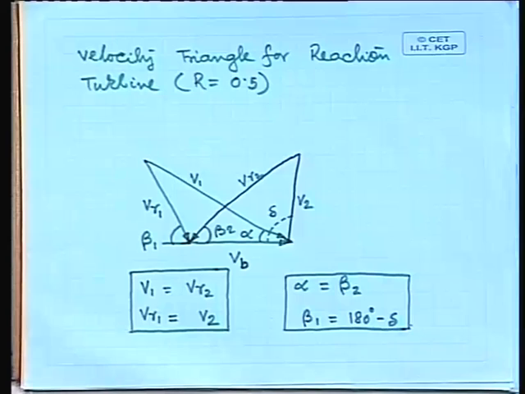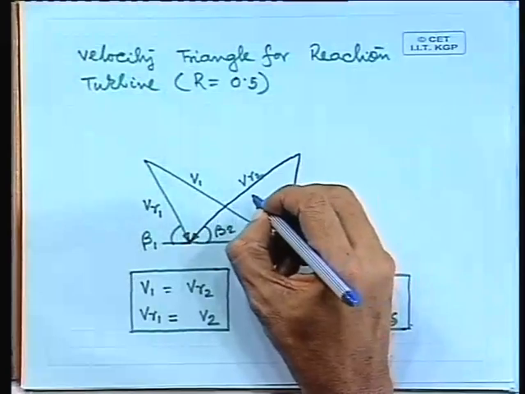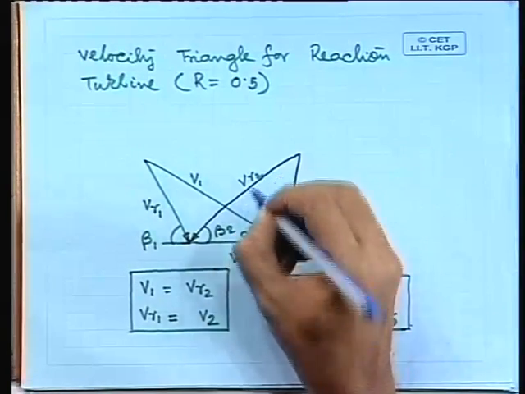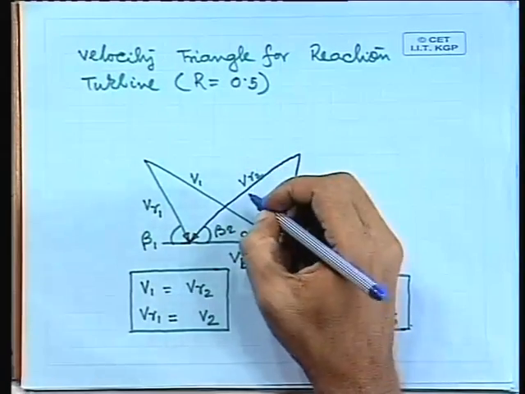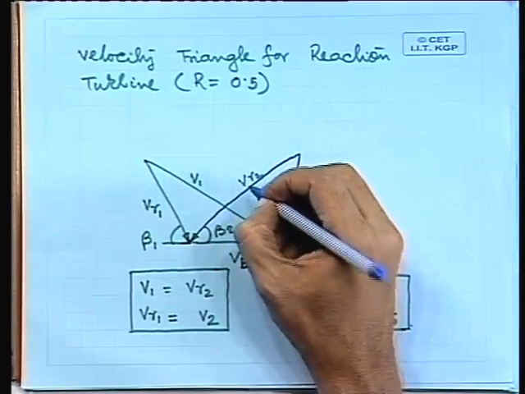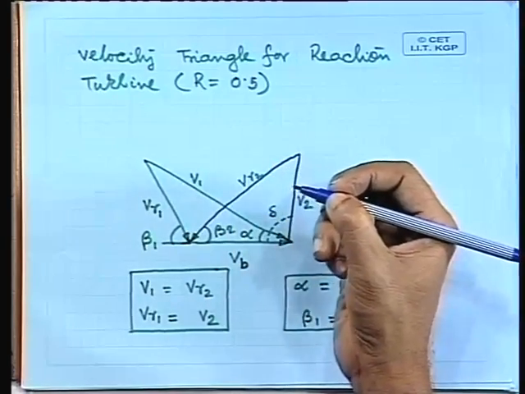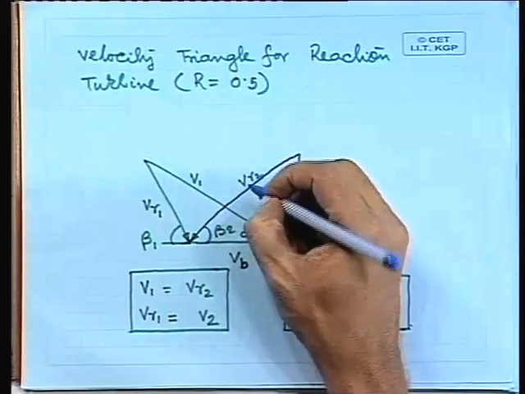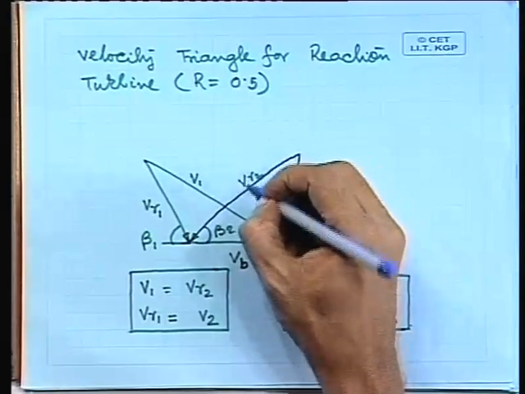All right. Now, actually some people also like to show that this VR2, there is some contribution from the impulse point of view and some contribution from the reaction point of view.